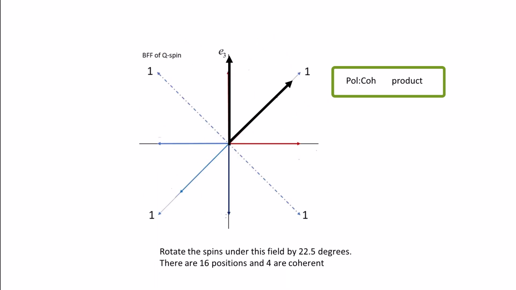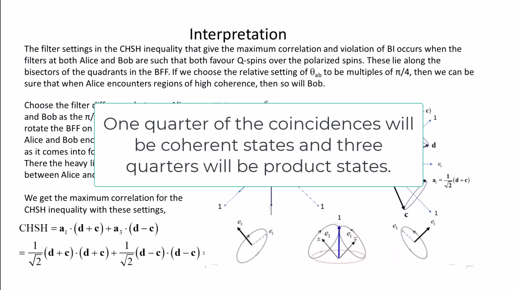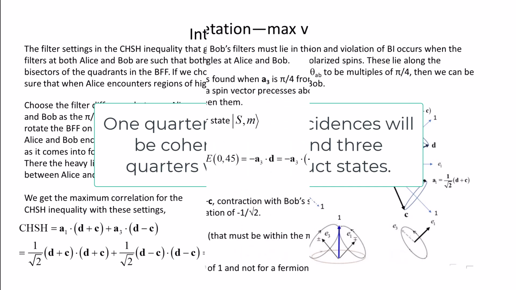Now we are back to the start. 1/4 of the coincidences will be coherence-coherence, giving the coherence correlation, and 3/4 will be polarization product states.